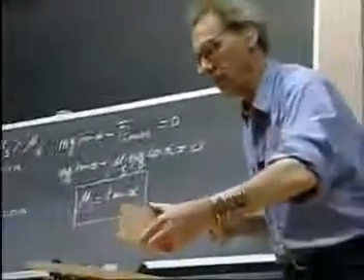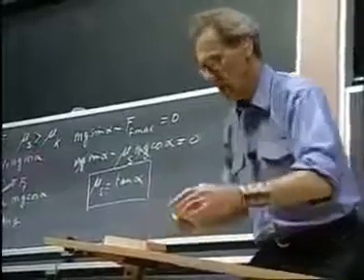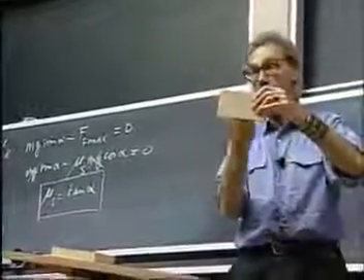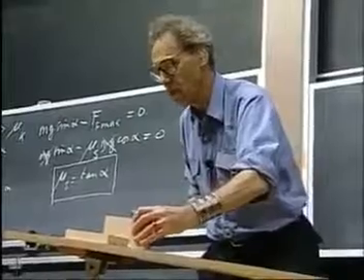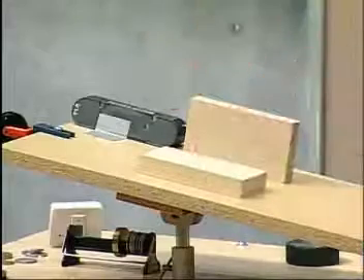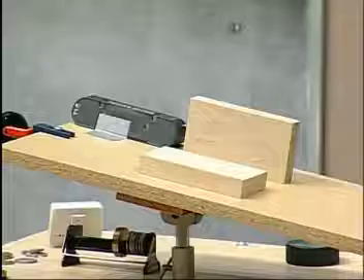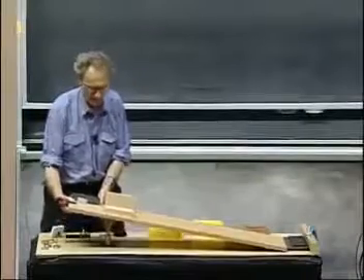I'm going to put the flat one here, and I'm going to put the same object, but with its small area here. If indeed the friction coefficient is independent of surface area, then when I tilt them, they should start to slide roughly at the same angle. There we go.